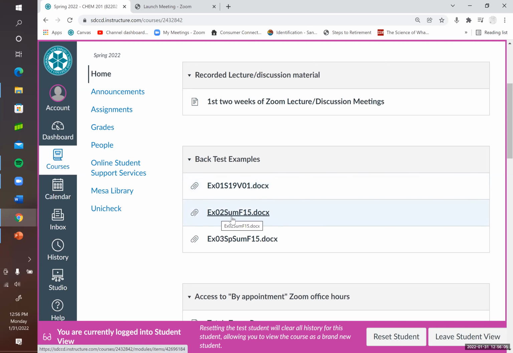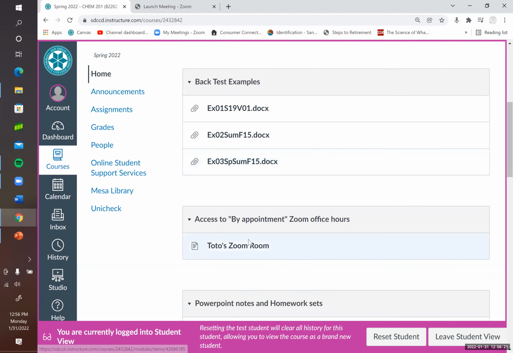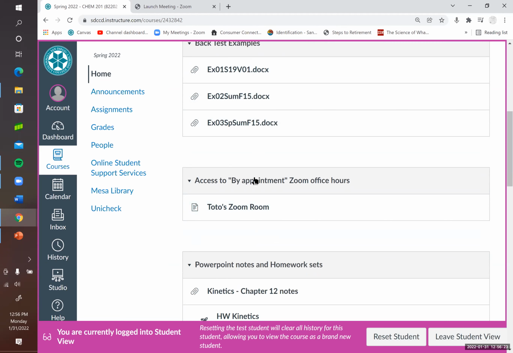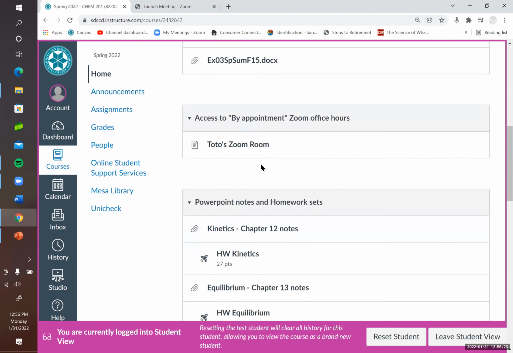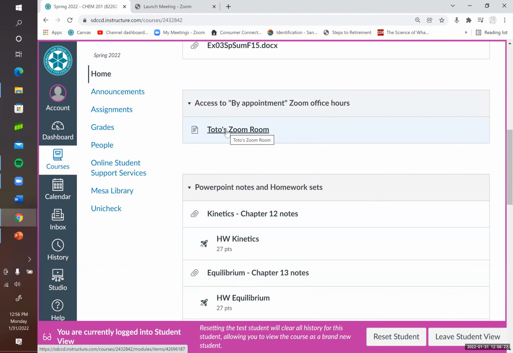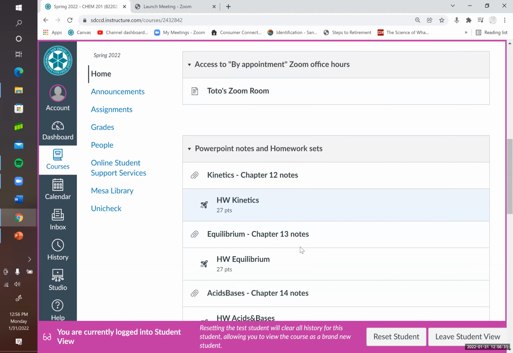This exam 2 was taken from the fall of 2015, and exam 3 here was taken from the summer of 2015. So you have your 3 examples. Here, of course, this is where you get access to what we're doing now. So I assume you found that.